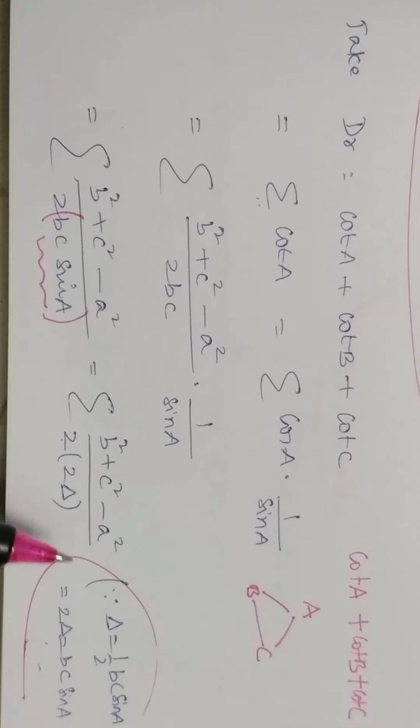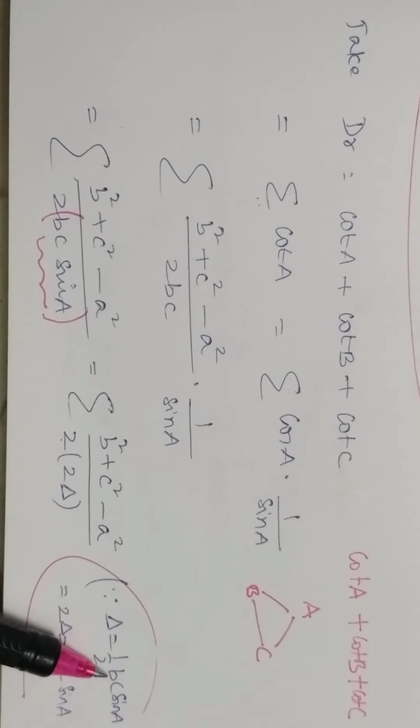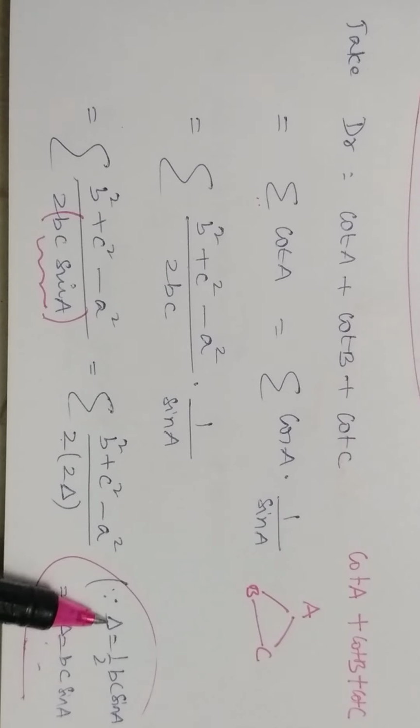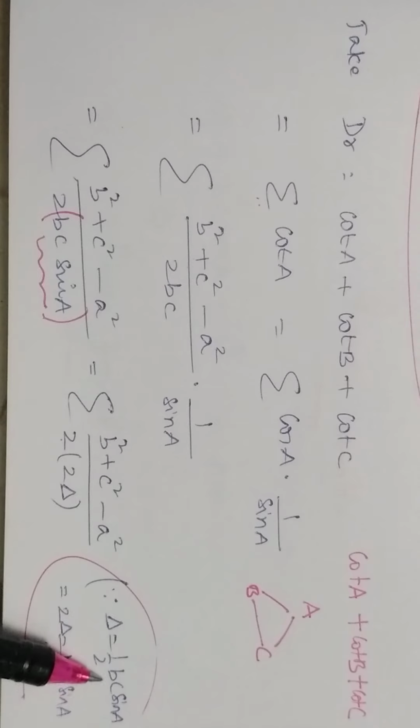In the list of the formulae, delta means area of triangle. We have given a list of the formulae in which delta is given as half BC sin A. Cross multiply: 2 delta equals BC sin A. So in the place of BC sin A, I have written 2 delta.